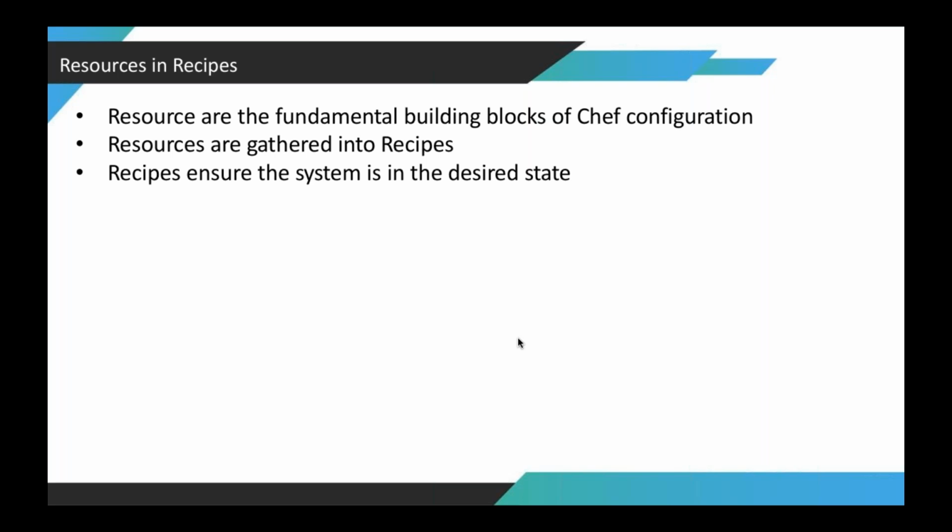Then come your recipes. Recipes are there to manipulate the different resources. All the resources are gathered inside the recipes, and you manipulate them with the help of recipes, which implement the desired state of the system.